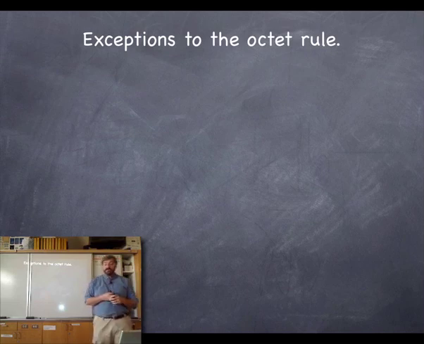So boron is an exception because it'll have fewer. But our core compounds made of carbon, nitrogen, oxygen, and fluorine, the rest of the elements in the second period, are going to obey the octet rule in just about every situation, and certainly every situation that we're going to have to deal with.